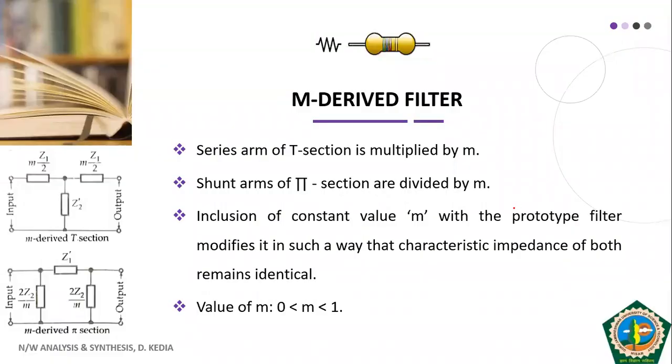So this is how your M derived filter looks like. I hope you remember this prototype filter of the type T section. If we had Z1 by 2, Z1 by 2, Z2 here.